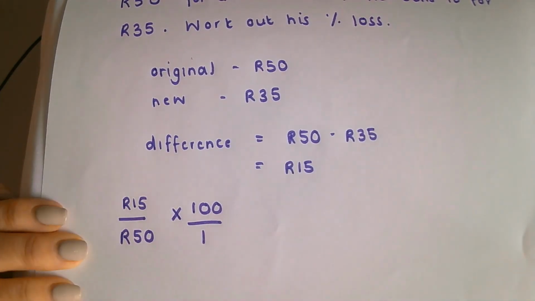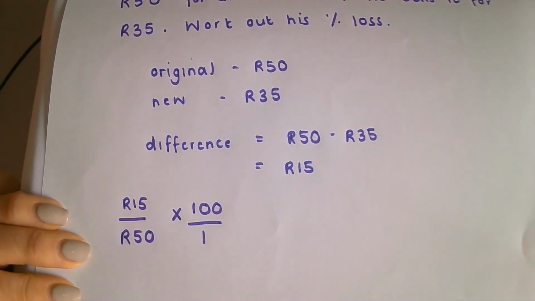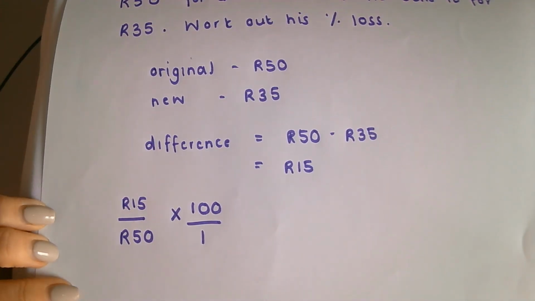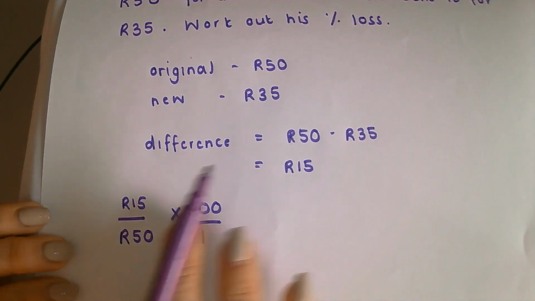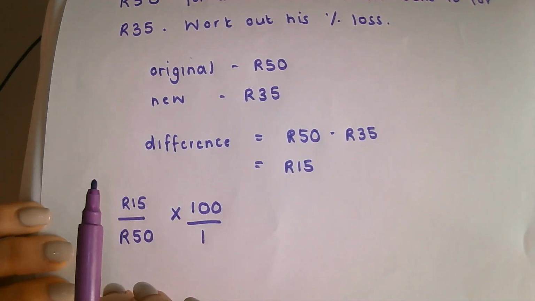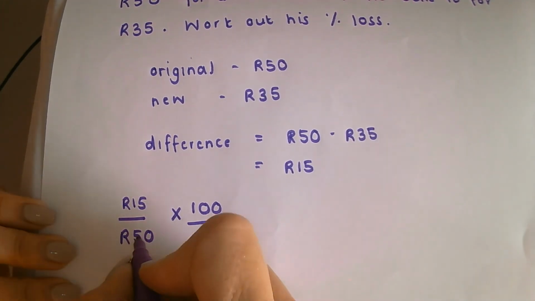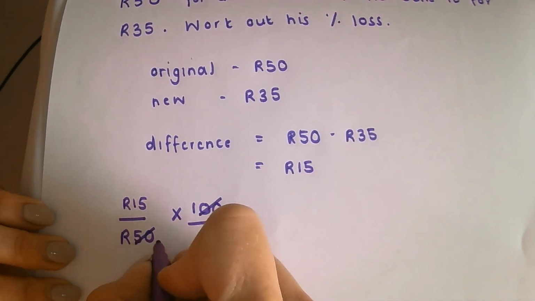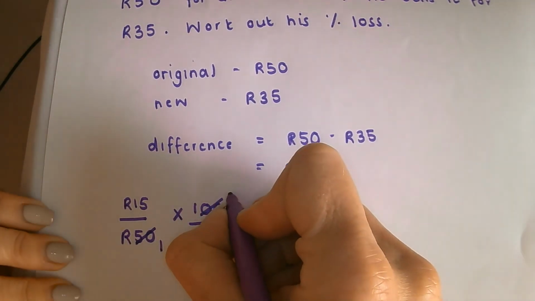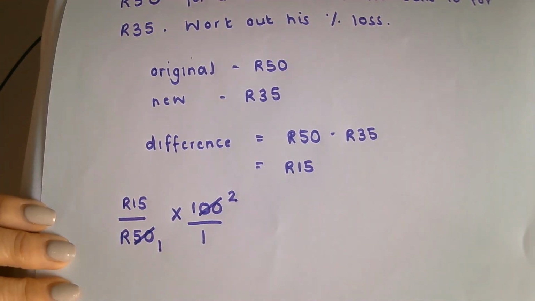Now let's see what we can do. Always try and find the simplest way of simplifying, so the easy ones. It doesn't matter which one you use, as long as you've got one numerator and one denominator. But try and look for the most obvious ones, because those are always the ones that are going to help you. I can see a 50 and 100. So 50 can go into 50 once, 50 can go into 100 twice.